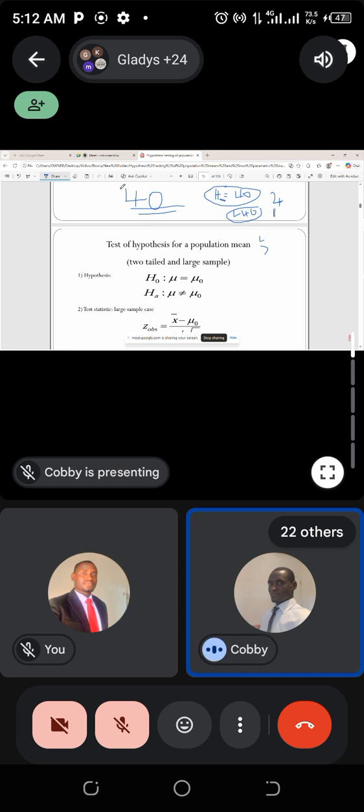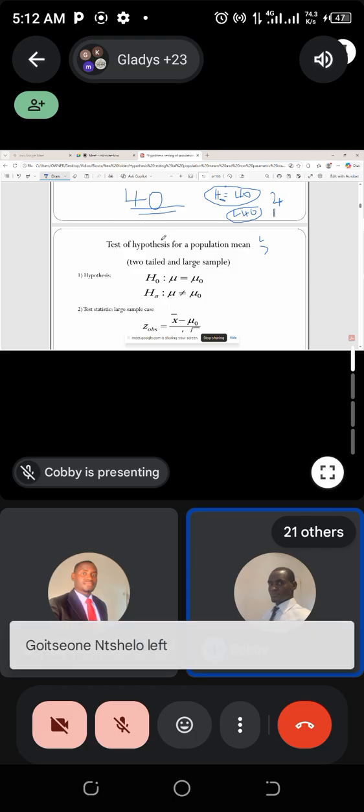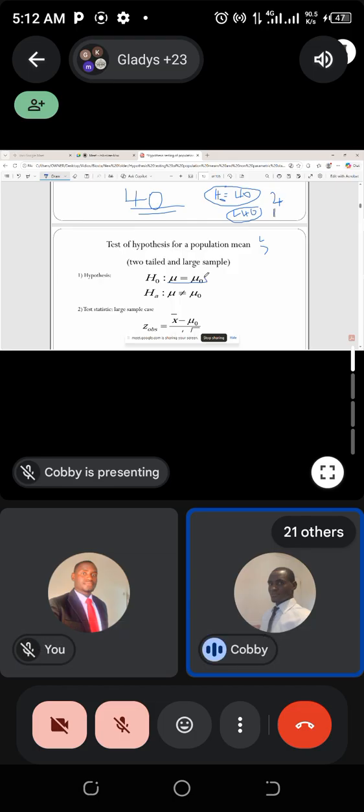So we want to test if the average age is equal to 40. The actual average age that we find after we calculate is going to be equal to 40. That is the null hypothesis. Then the alternative hypothesis is going to say the actual average age that we find after we calculate is not going to be equal to 40. It's not going to be 40. Are we together?